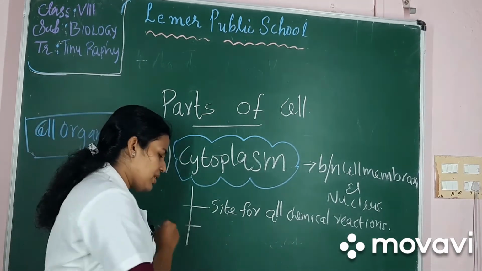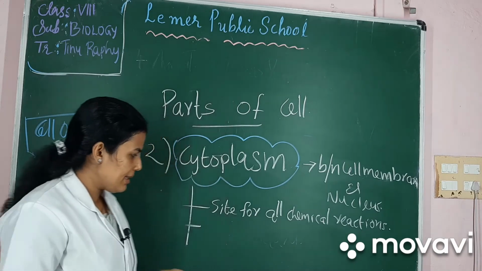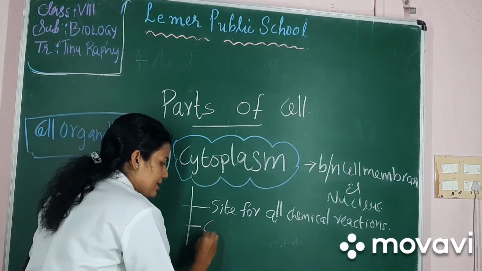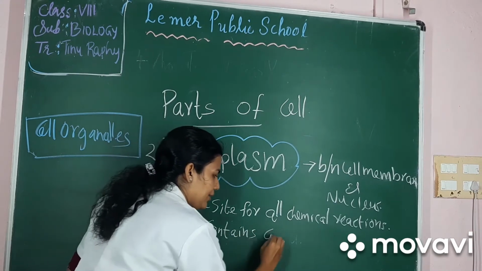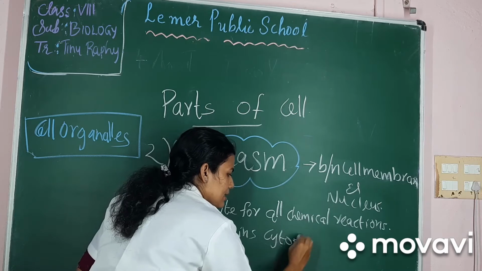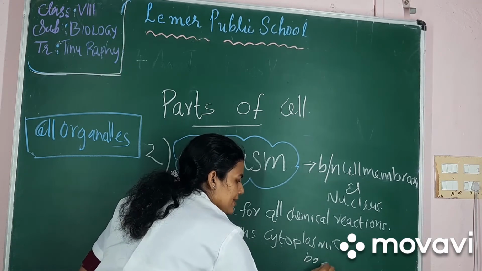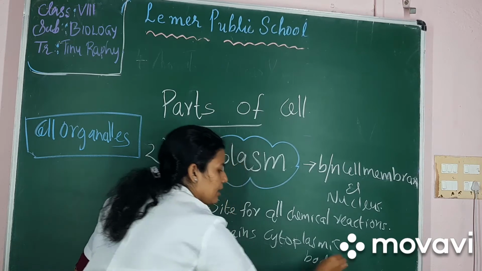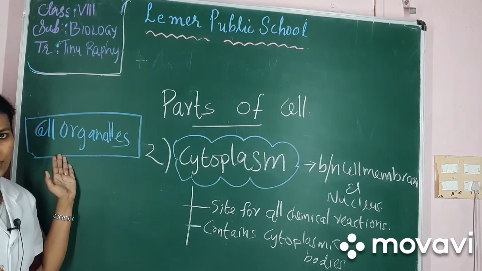Now the second function is it contains cytoplasmic bodies. These cytoplasmic bodies are called cell organelles.